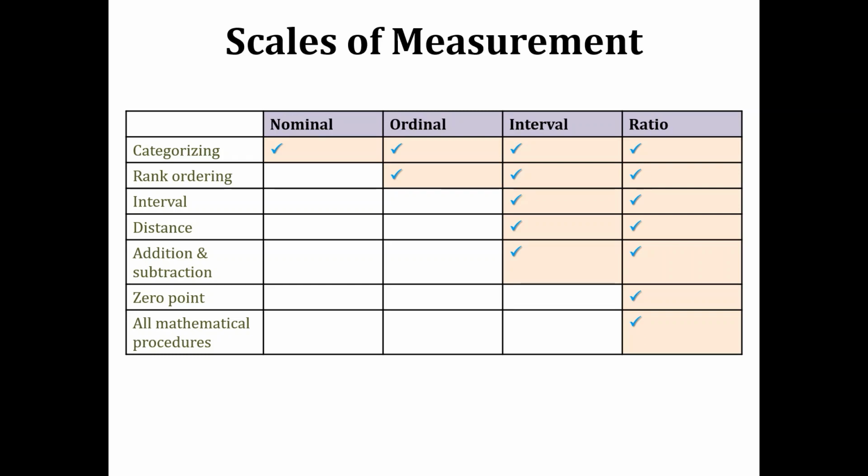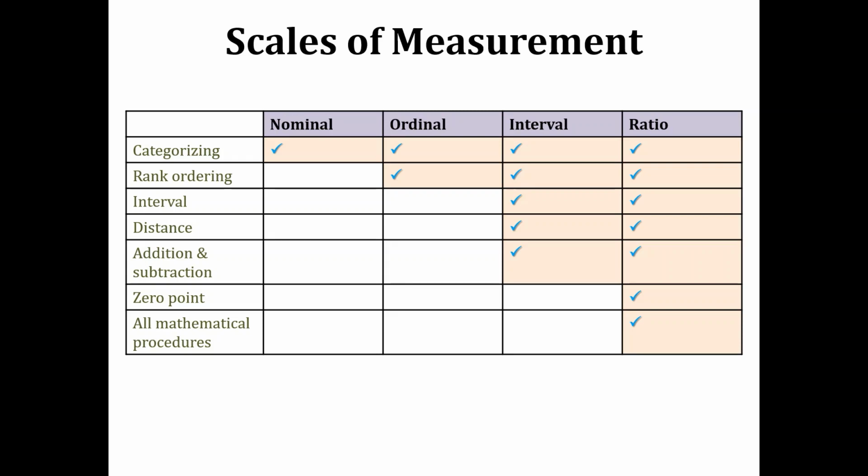Then the distance between the intervals, or between units of the scale, is absent in nominal and ordinal scales. We cannot precisely determine the distance, but in the interval and the ratio scales, we can precisely determine the distance between two observations from our data.